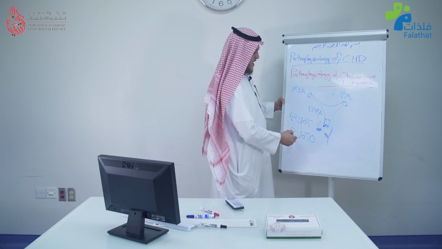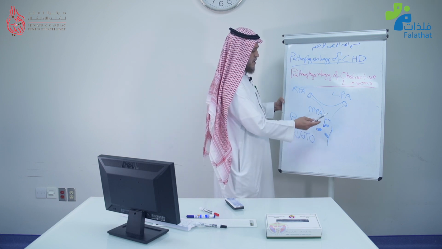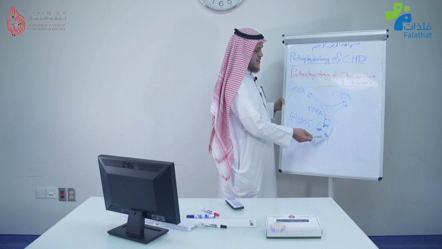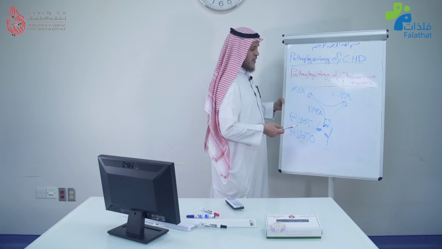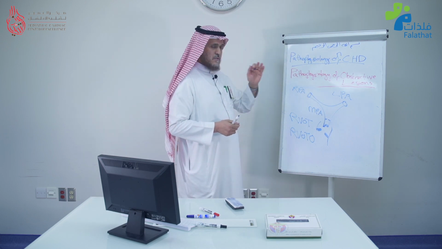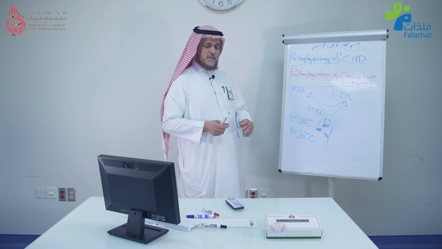There are 3 levels of right ventricular outflow tract obstruction: suprapulmonary stenosis, pulmonary valve stenosis, and subpulmonary stenosis. Again, we divide them into mild, moderate, and severe.